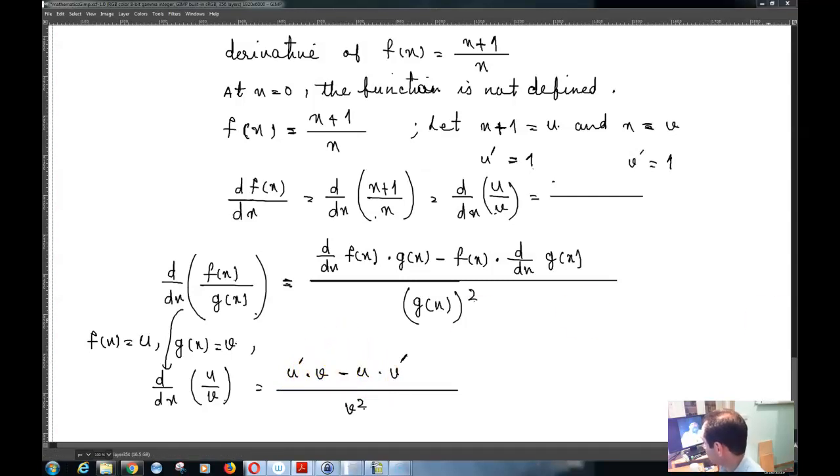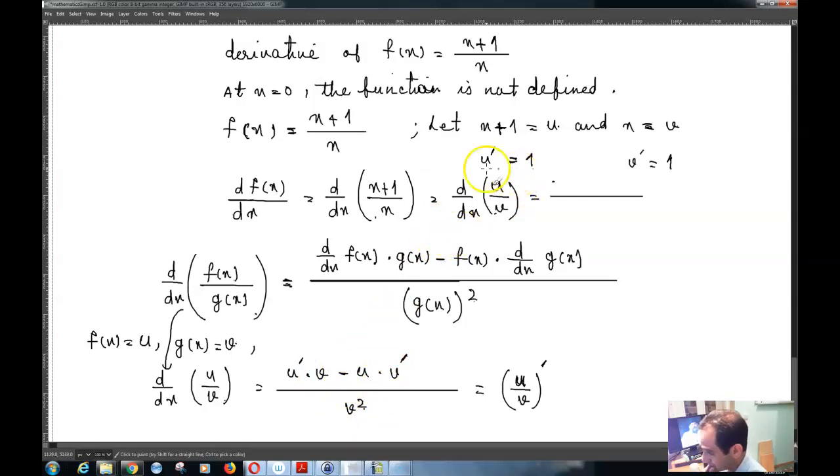Okay, so then you can write this as u divided by v whole prime. So that's u prime times v minus u times v prime divided by v squared.